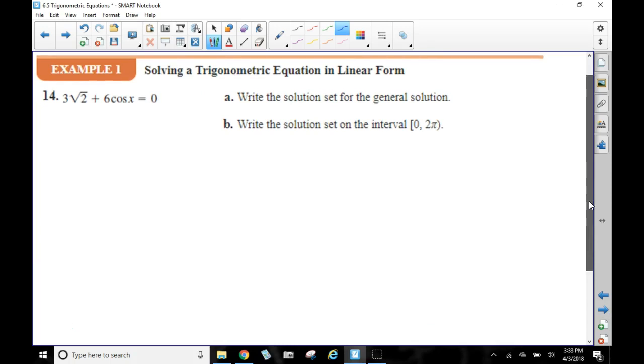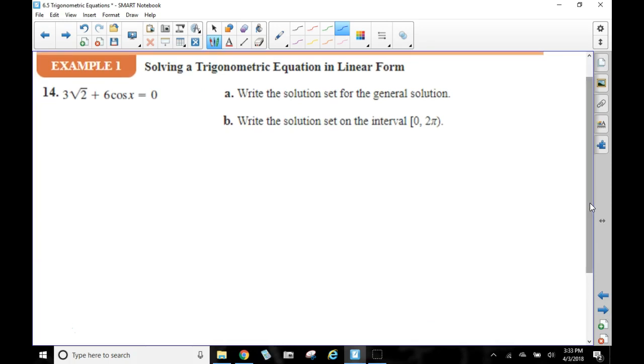As an example, let's solve this equation. When you go to solve a trig equation, the first thing you want to do is isolate the trig expression, the cosine. So I'm going to subtract 3 square root of 2 from both sides first. So I'll have 6 times the cosine of x equals negative 3 square root of 2.